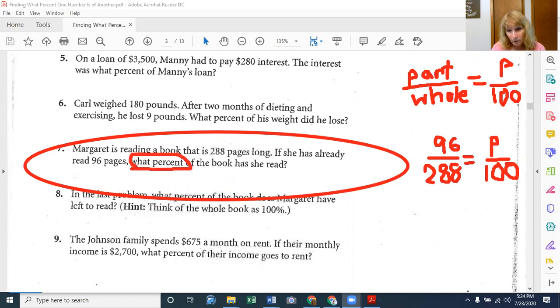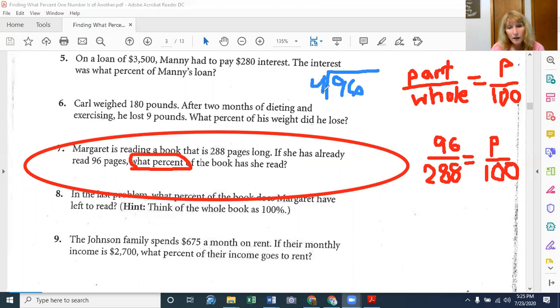So I'm going to try to reduce this bigger fraction first. I think 4 will work for sure. So let's go off to the side and divide 96 by 4 and see what we get.